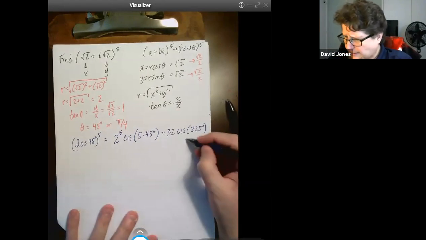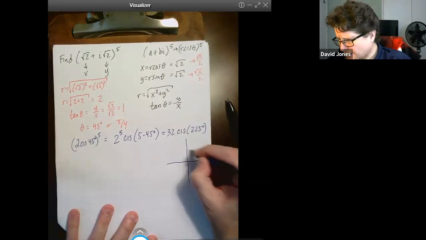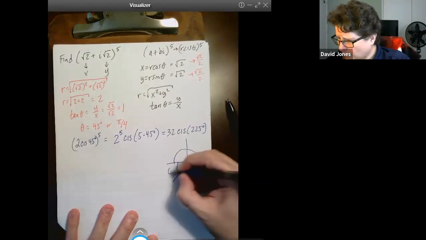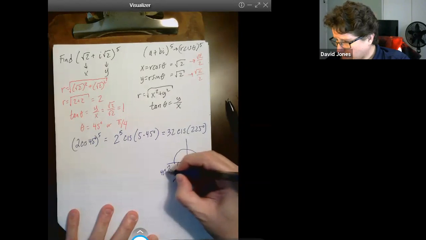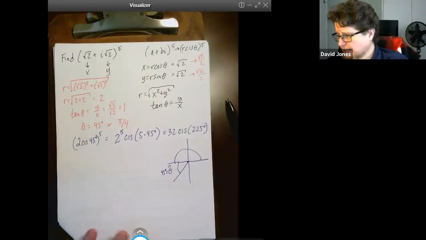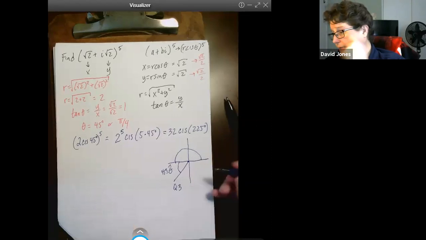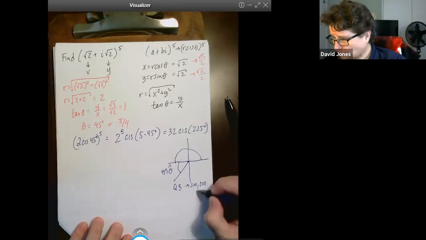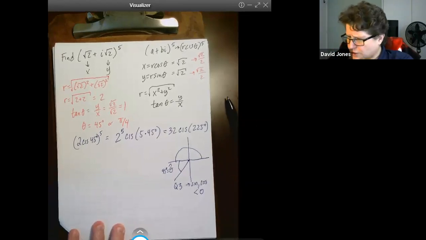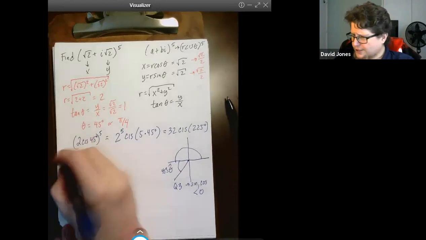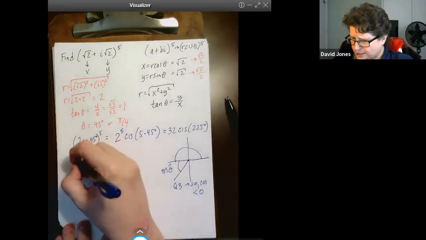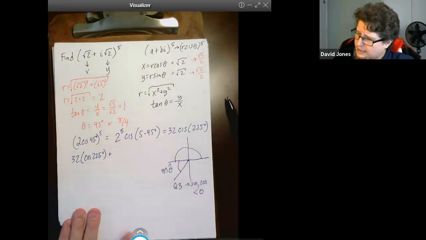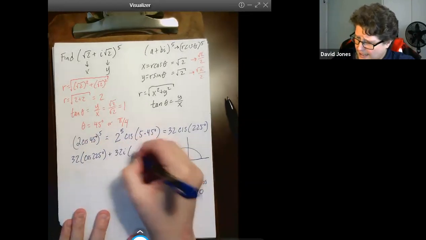And where is that? That's 180 degrees, that's right here. We've got a reference angle of 45 degrees, and in quadrant 3, sine and cosine are negative. So this turns into 32 times cosine of 225 plus 32i sine of 225.